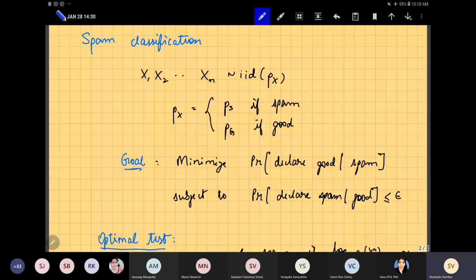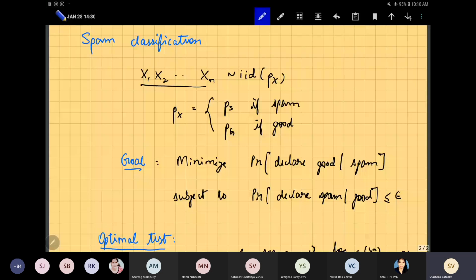So let me define the problem. Broadly speaking, you're given, say, emails, and you want to classify them as spam or not spam. The way we will model this problem is the following. We have a sequence x1 through xn.